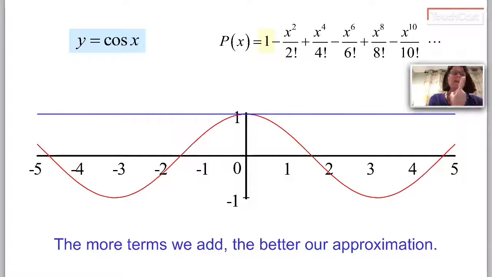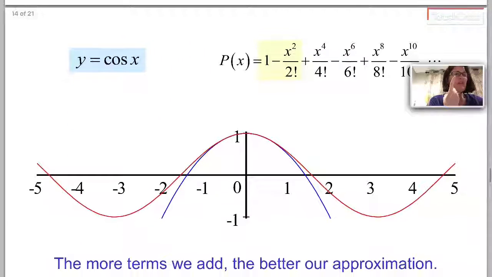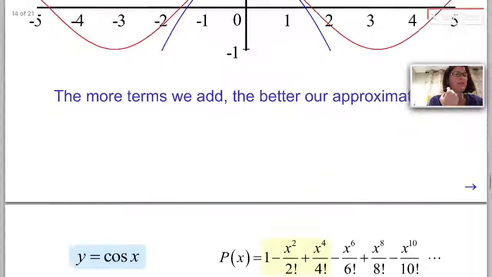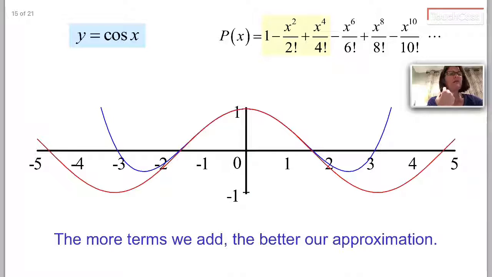So that's one term, I would just have this constant function, y equals 1. With 2 terms, look at that. With 3 terms, this yellow highlighting up here gives you an idea of how many terms in the polynomial are getting used.